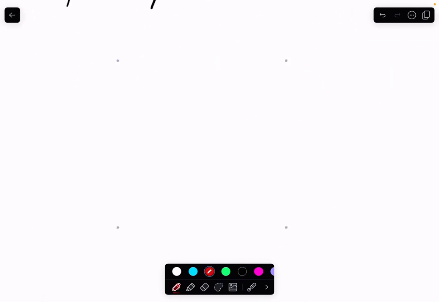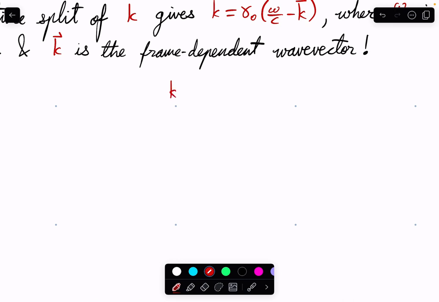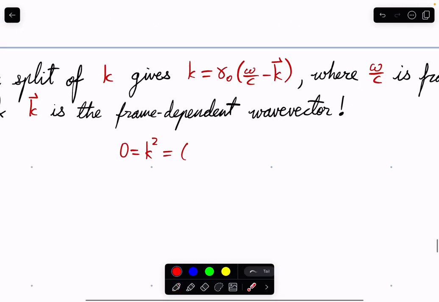Furthermore, if we consider the square of k, which we know is equal to 0, well, if I go up into the definition of a space-time split, you can also have gamma, which will commute with this, so you can have omega over c plus k vector and then gamma naught. So these two things are equivalent.